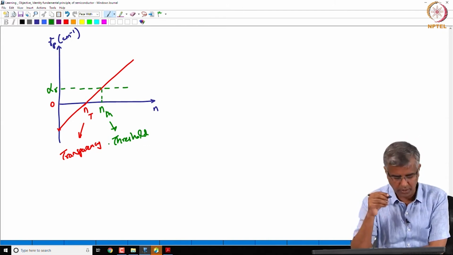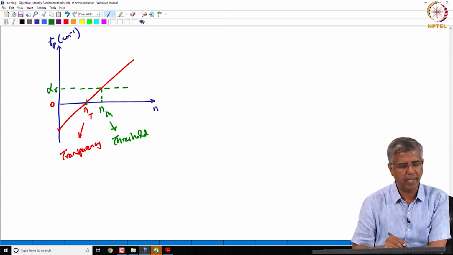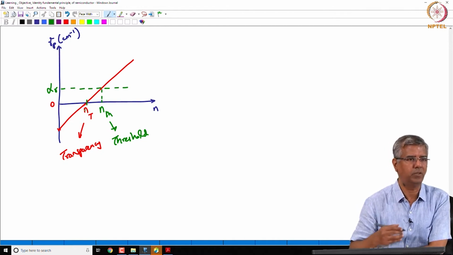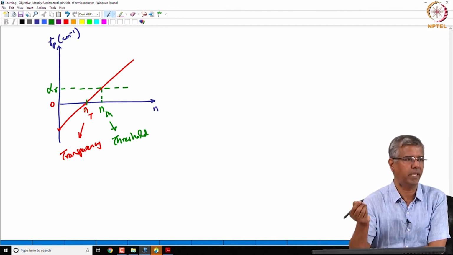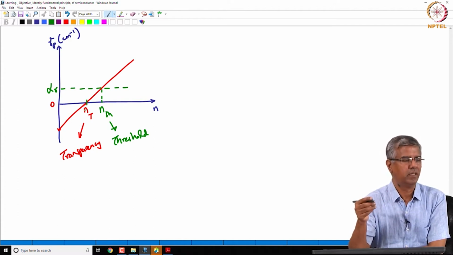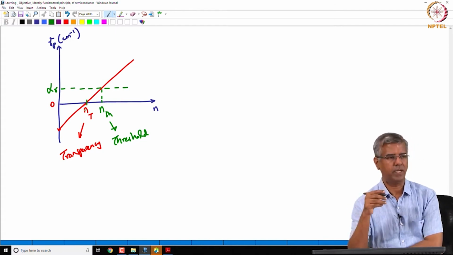So, you are essentially having one point where you are overcoming the absorption in the material, you are starting to have a net positive gain, but you need to have more gain beyond that to overcome the losses in the cavity, and only then can you have laser emission.